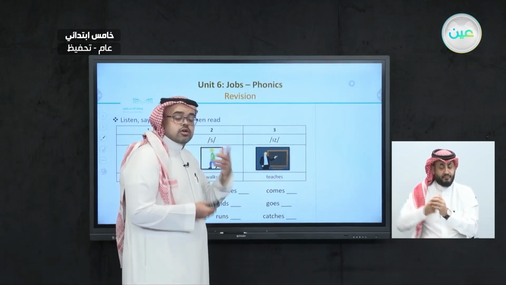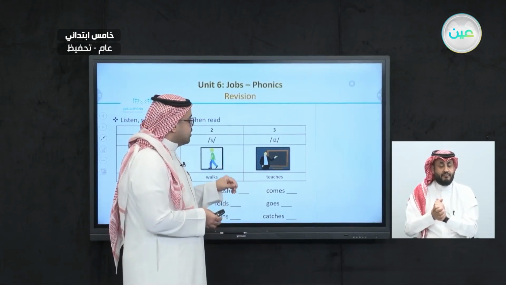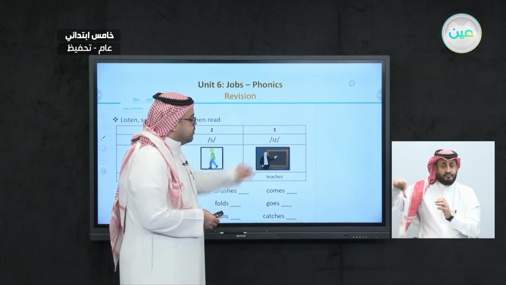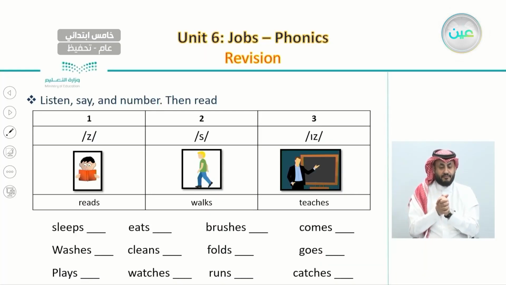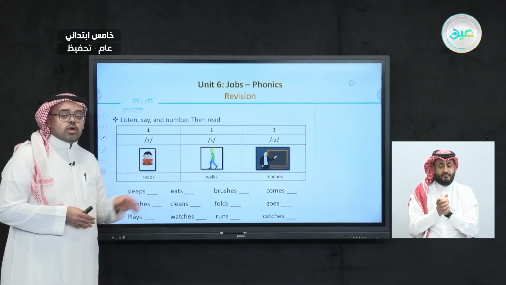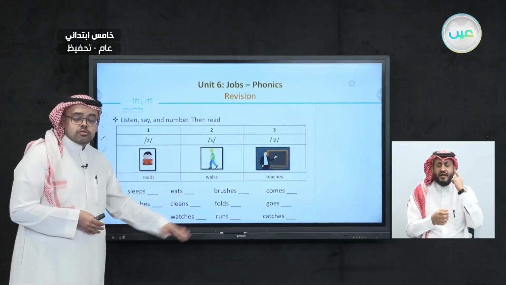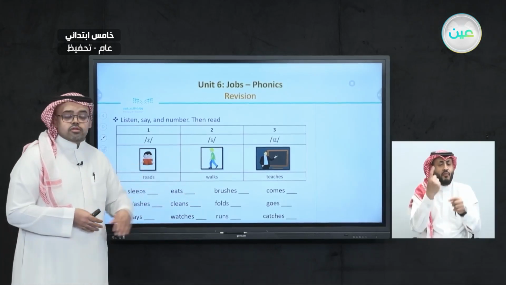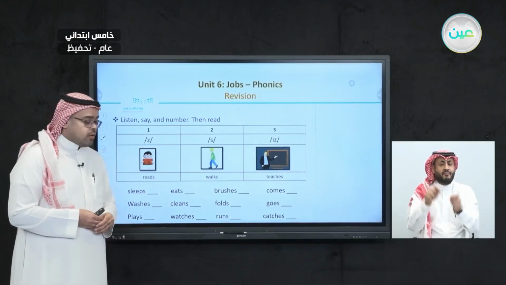If you listen carefully, you will see that this word ends with the sound of iz. So we have three sounds, Z, S, and iz. And we said that what we're going to do now is say these words and try to match them with these three different sounds.